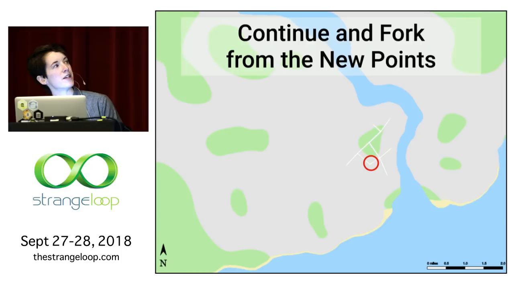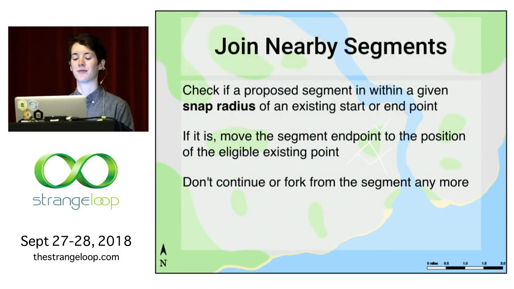But something interesting happened here. These 2 lines connected. And this is really important. So when a segment is proposed, it checks if the endpoint is within a given radius of some already existing accepted endpoint or start point. And if it is, it moves the point that we proposed on top of the existing segment.